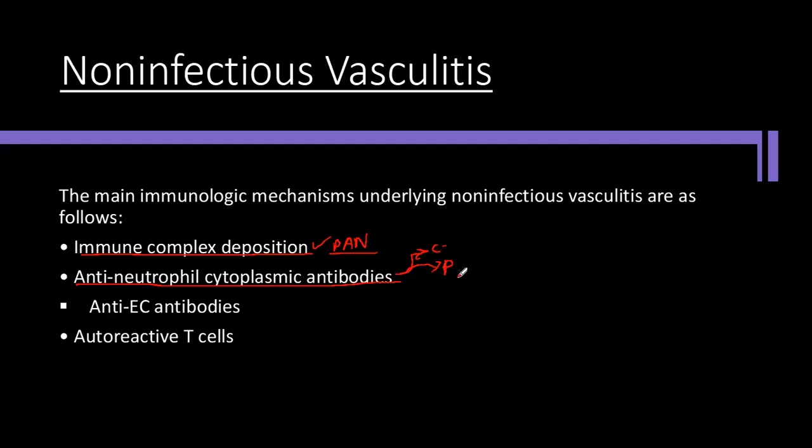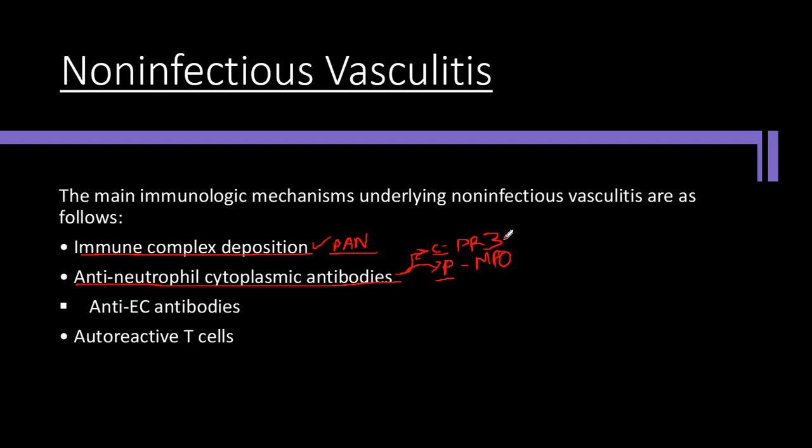Under the new Robbins 10th edition, c-ANCA is also known as PR3, anti-proteinase 3 anti-neutrophilic cytoplasmic antibodies. The perinuclear is known as anti-myeloperoxidase, MPO, anti-neutrophilic cytoplasmic antibodies. So please remember that.